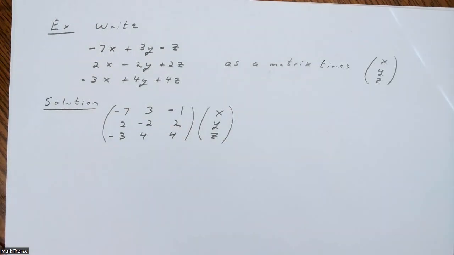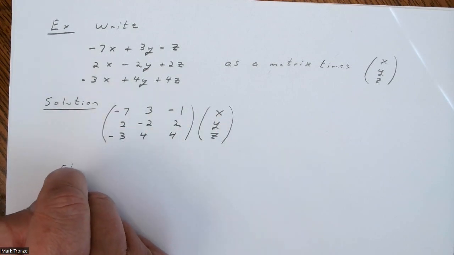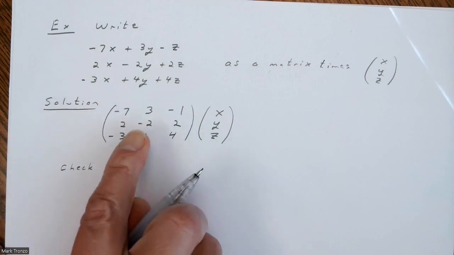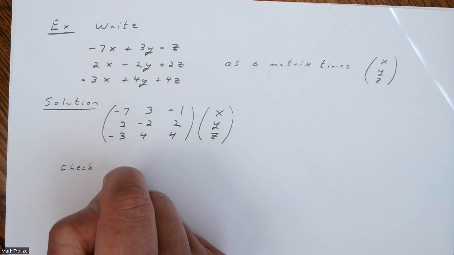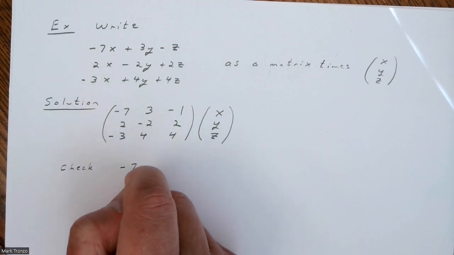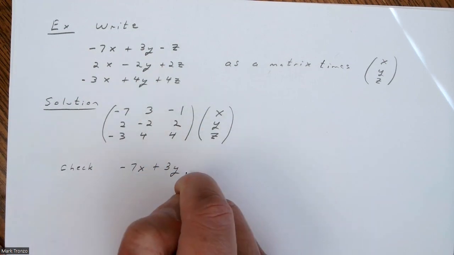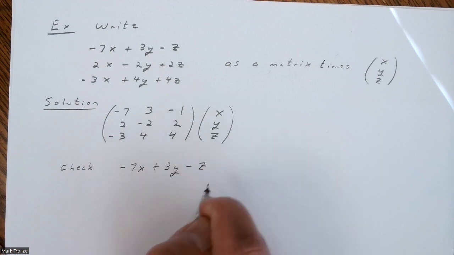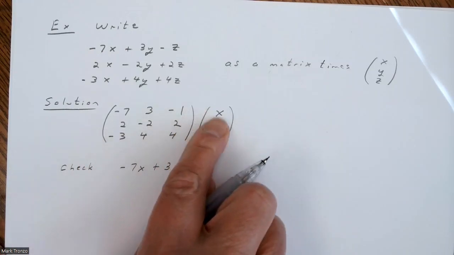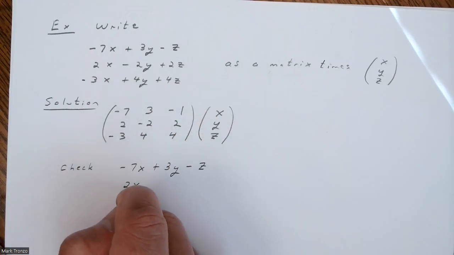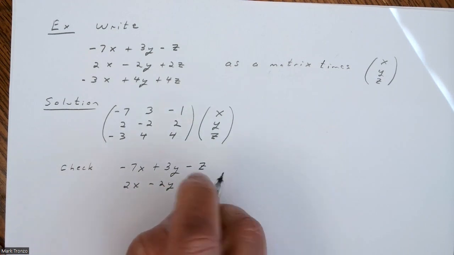So now, again, let's just check to be sure that I did this correctly. Let's go the other way. Check this. And so again, let's multiply this row by this column. We'll have negative 7x plus 3y minus z. And then multiply this row by this column: 2x minus 2y plus 2z.